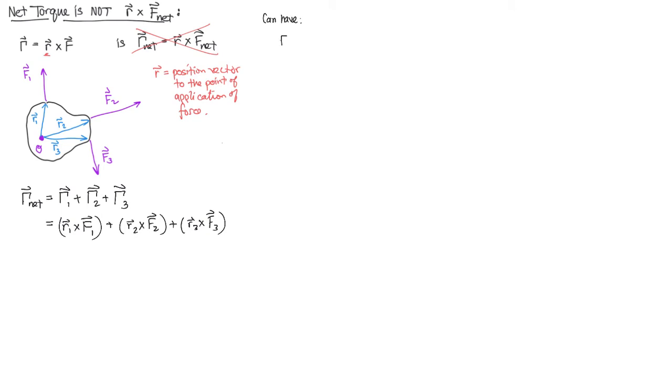You can have a net force that's not zero, but you can have a net torque that's equal to 0. You can have a net force that's equal to 0, and you can have a net torque that's equal to 0. You can have all of these four possible combinations of non-zero and zero net forces and torques.